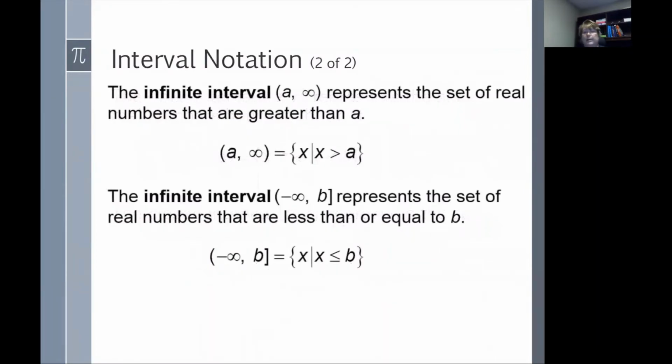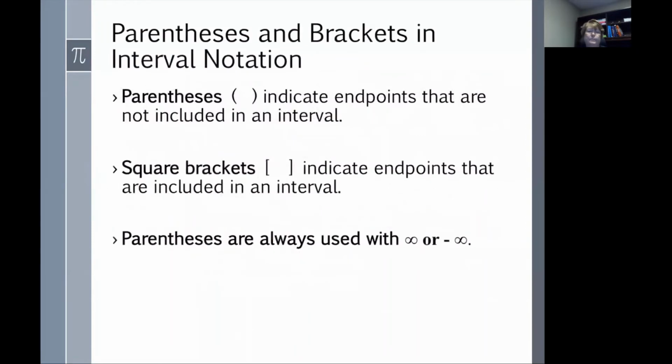The two infinite intervals, A, comma, infinity, means all the numbers greater than A. The other infinite interval, negative infinity, B, bracket, means all the numbers less than or equal to B. Parentheses indicate endpoints that are not included in an interval. Brackets indicate endpoints that are included in an interval. You always use parentheses with infinity or negative infinity, never a bracket.